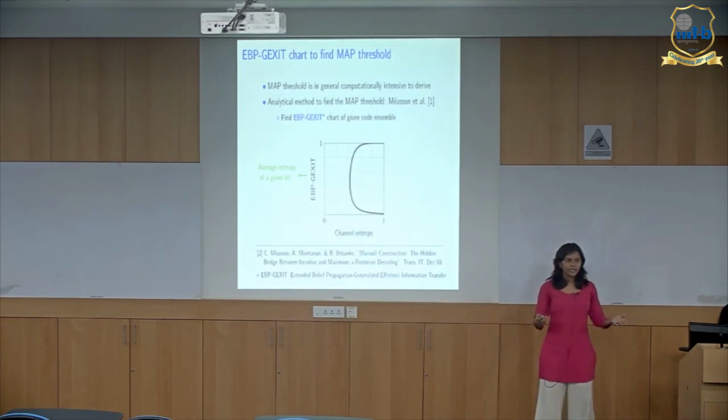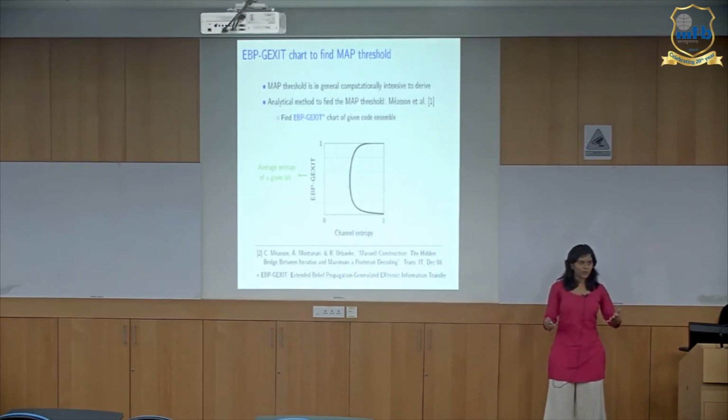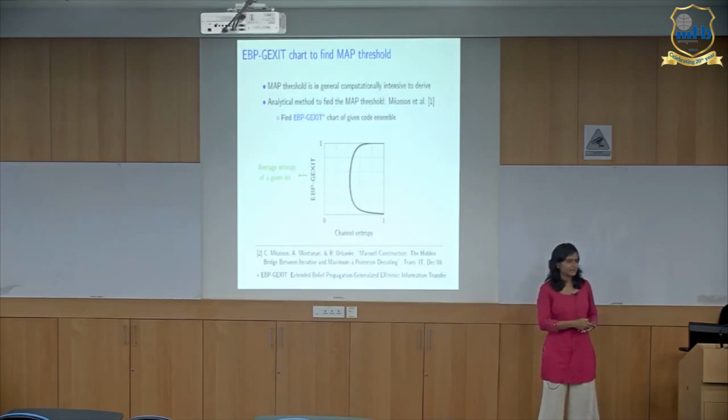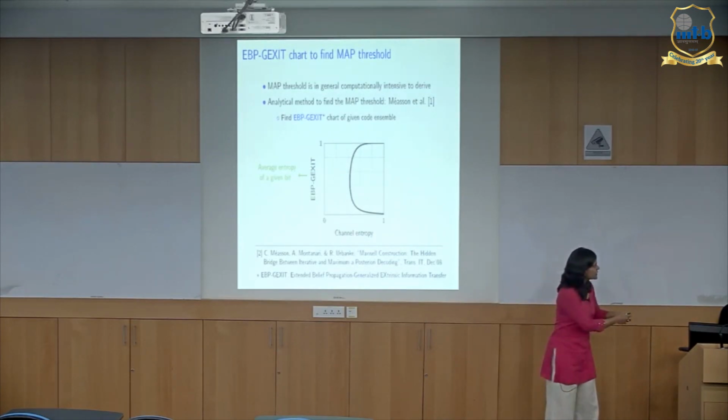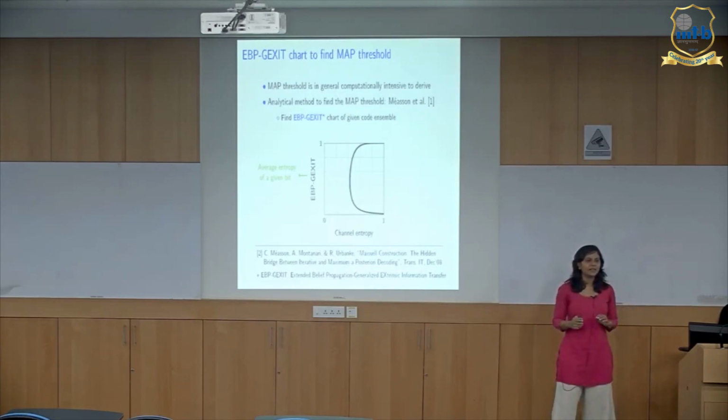In decoding, we want this average entropy, or uncertainty, about a given bit to be 0. Because if my decoding is correct, that means if I am able to correctly identify that 0 is indeed 0, then the uncertainty should be 0. And this uncertainty is what the EBP EXIT function characterizes. This S-shaped function is a very typical form of the EBP EXIT function.